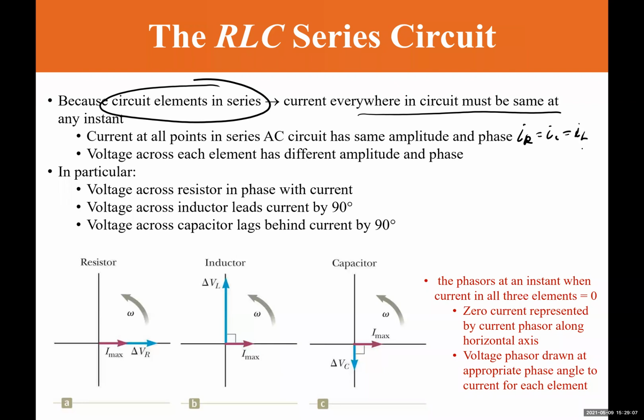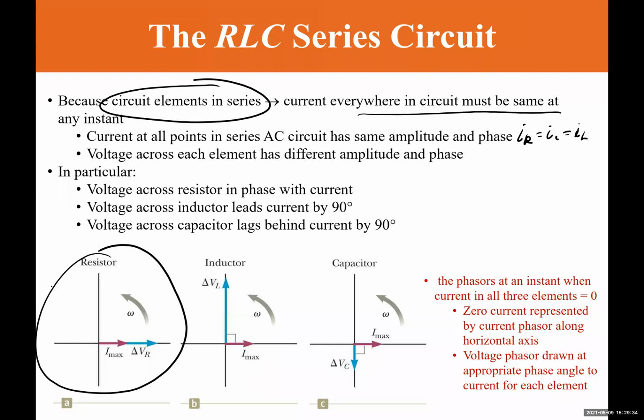Now, this phasor diagram allows us to see how the voltages are different for each of those circuit elements. On the left side, we first have the voltage across the resistor, that is, the potential difference across the resistor. You can see that we present it as pointing in the positive x direction.